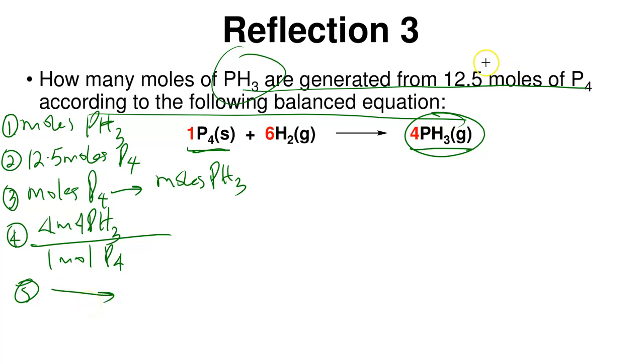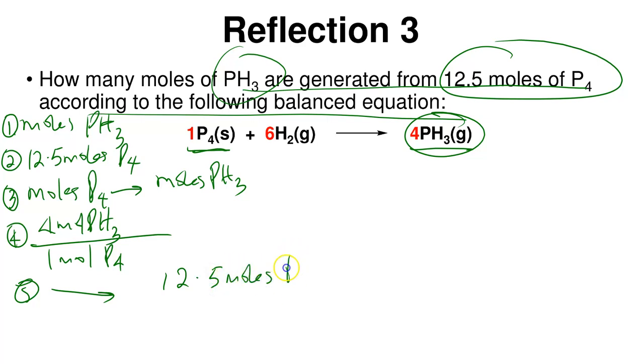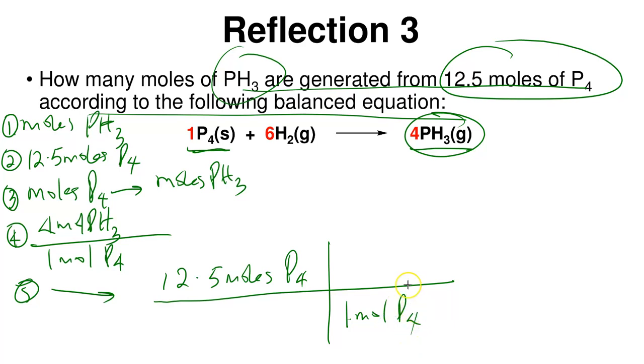How do we solve it? We start with what we're given. It's going to be 12.5 moles of P4. Draw a line. Using this conversion factor, a mole of P4 is going to be down, whereas 4 moles of PH3 is going to be up. We cancel this.